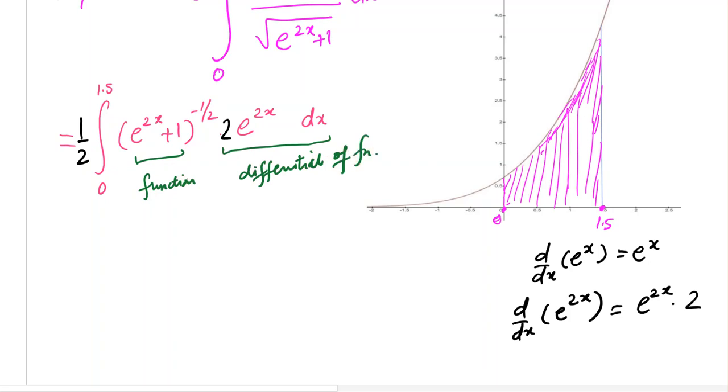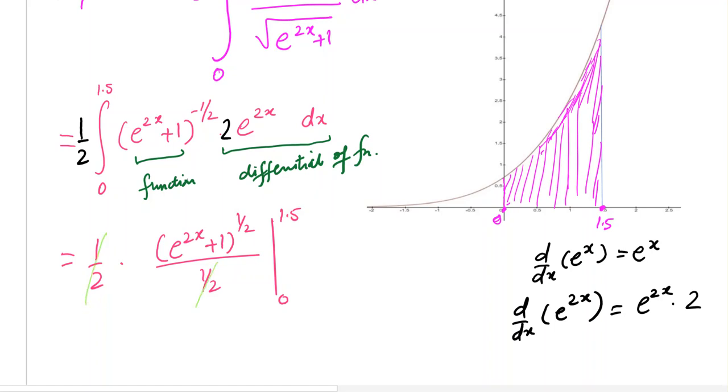So it means we can use the power rule. So 1 over 2 is outside, we can increase the power of the function by 1 and divide by that new power, and we're going to evaluate it from 0 to 1.5.